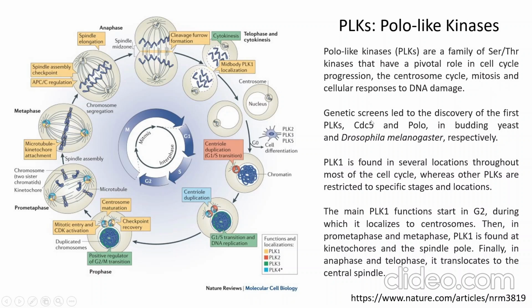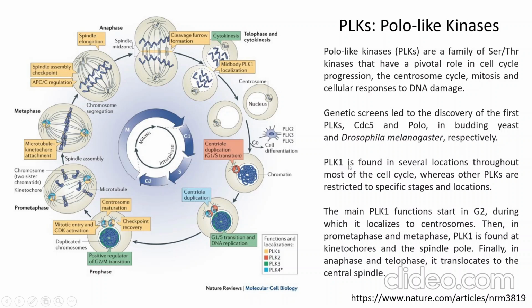Initially it was discovered via a bunch of genetic screens, and a lot of this work was done in yeast initially, and it was discovered as CDC5 and Polo. CDC5 in budding yeast and Polo, and yes, I was right, in Drosophila.